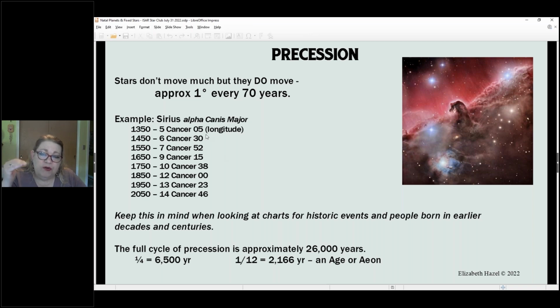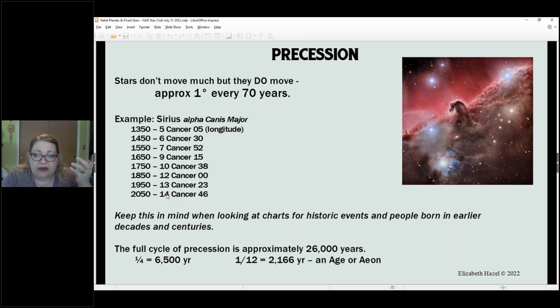To show you how slowly stars move, in 1350, Sirius was at 5 Cancer, and it's moving a little bit less than a degree a year. And then we see here in 1950 at 13 Cancer, 2050 at 14. It's right about in between that. Now it's about ready to shift to 14 Cancer 0.